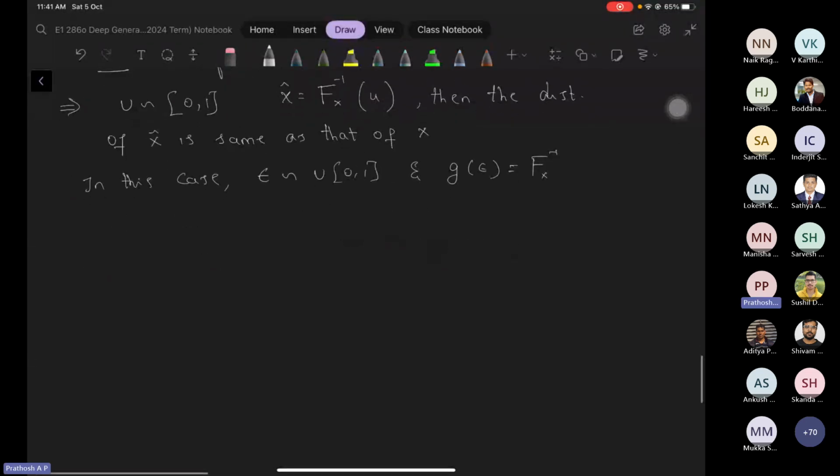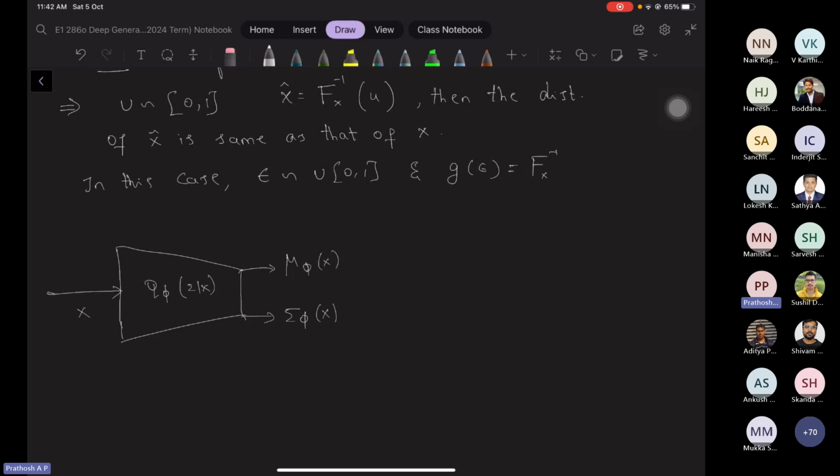Okay, so now let us write what is happening. So now what happens is that you have the encoder network. X goes in as an input, and this is modeling q phi of z given x.